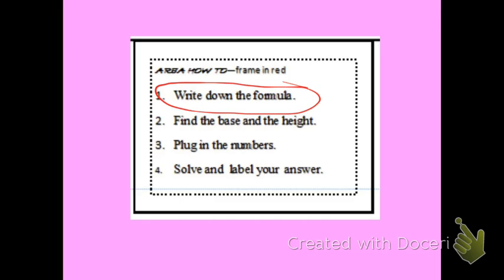Okay, because it's much harder when you have to remember something than it is when they give you a formula. Okay? So the formula is going to involve base and height. So we're going to talk about those. So once we write down our formula, we're going to have to find the base and the height, plug in whatever numbers we have for base and height, and then solve and label our answer. Okay, so those are our steps.